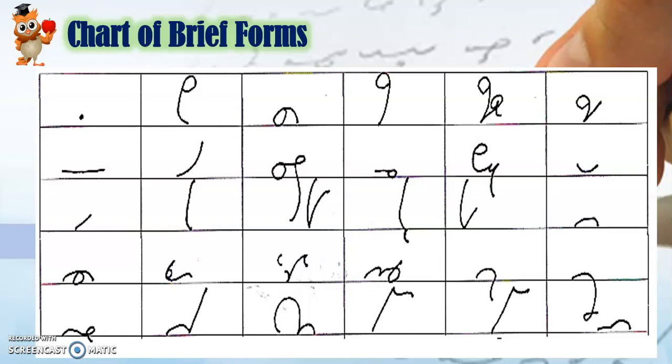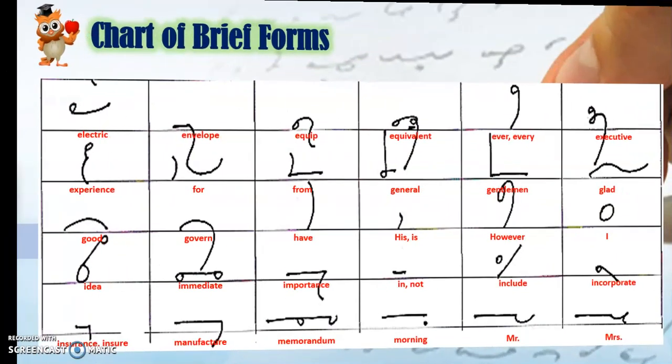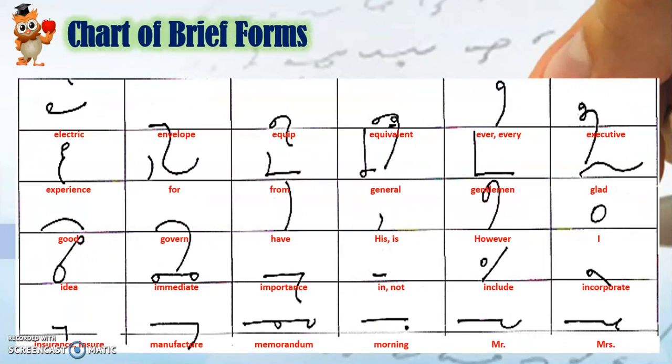Hope you can still recall the brief forms. We're just recalling some of it because this is actually part of our previous class or discussion. Okay. Now, let's proceed with another set of brief forms.